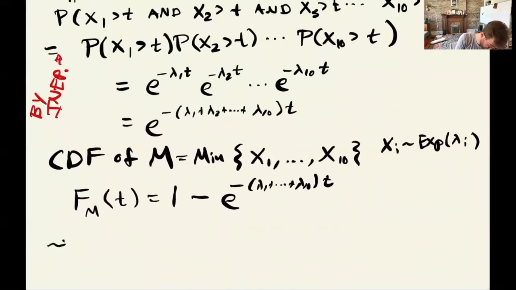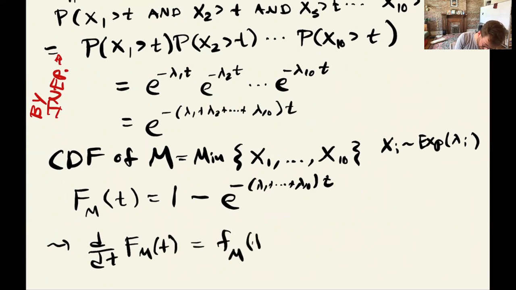So taking d/dt of F_M of t gives us little f_M of t, which is (lambda 1 plus up through lambda 10) e to the minus (lambda 1 plus up through lambda 10) t.